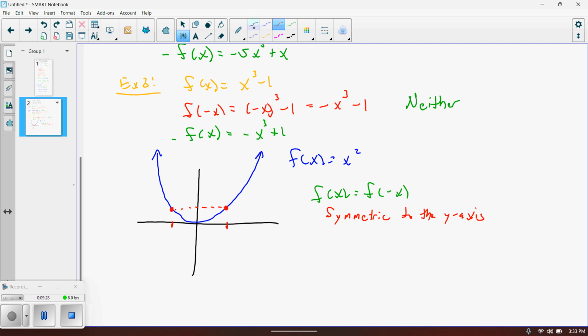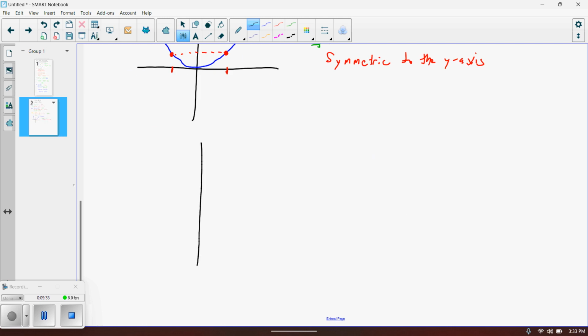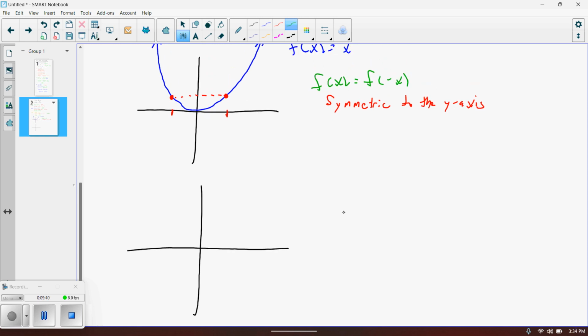Okay, so now let's take a look at what it might mean to be odd as a graph. So sketch another graph here. And we said to be odd that f of negative x would have to equal the negative of f of x. So that means if I were to substitute in, let's say that we're going to plug in -4 for x.